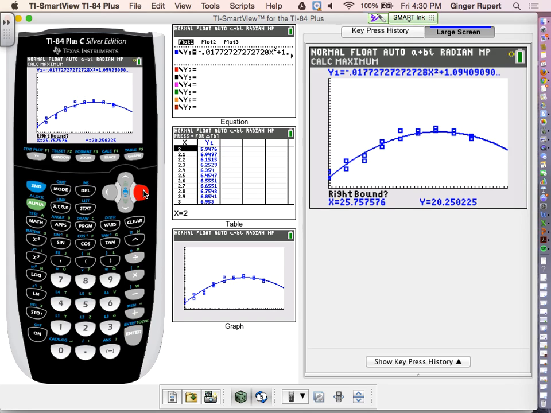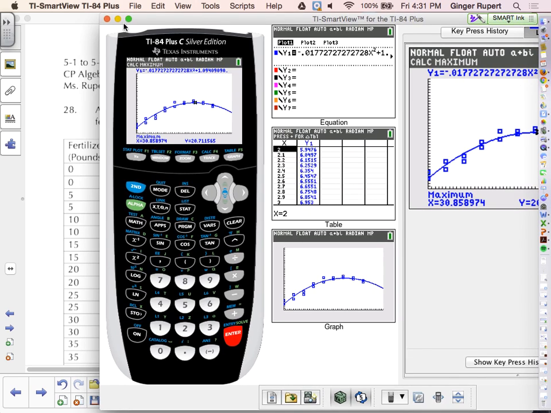Slide your cursor over to the opposite side where you can tell you've passed the maximum point. That asks you for the right bound. Hit enter. Now the calculator is telling you it's going to look between those two lines for the maximum value. You just hit enter, and it will give you the maximum value and the amount of fertilizer that would cause that maximum value.